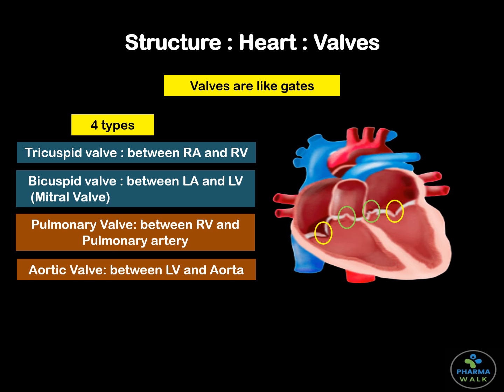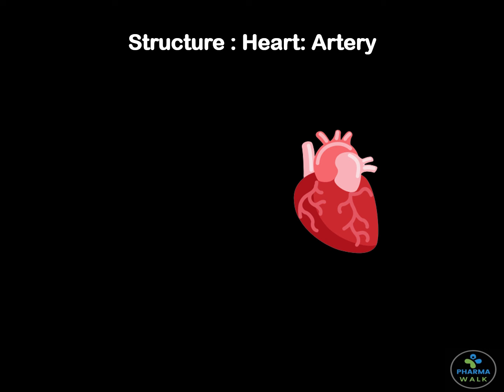Now, the heart is a very vital organ of our body, which pumps the blood to every part of our body. But for proper functioning, the heart also requires nutrients, oxygen and blood. So, which artery supplies blood to the heart? The name of that artery is the coronary artery.